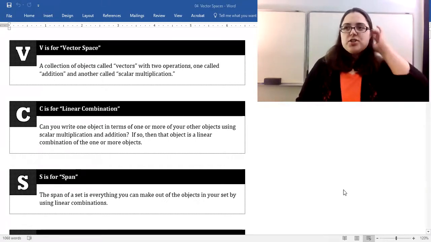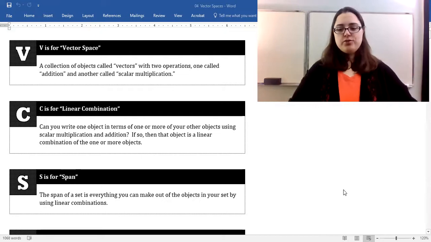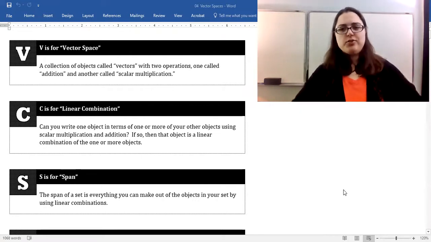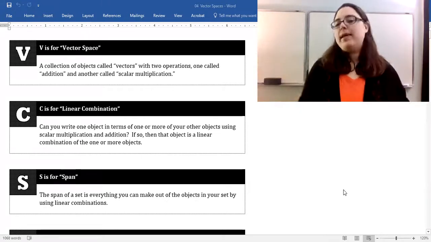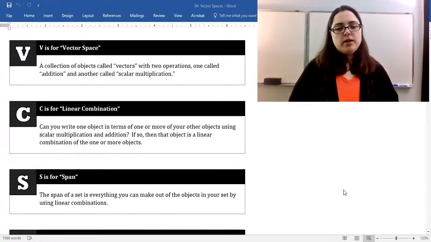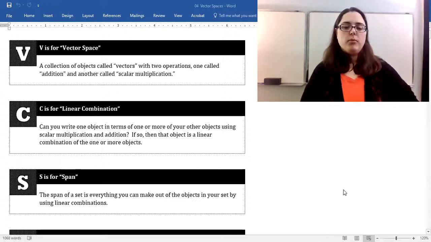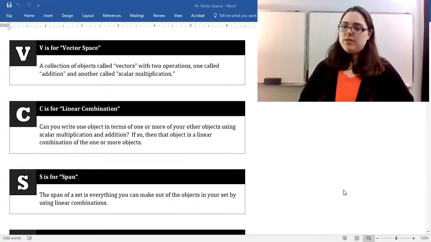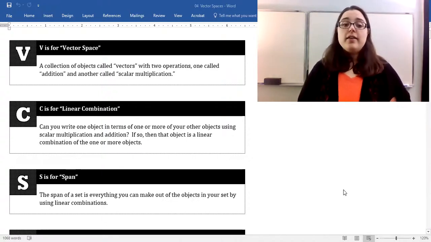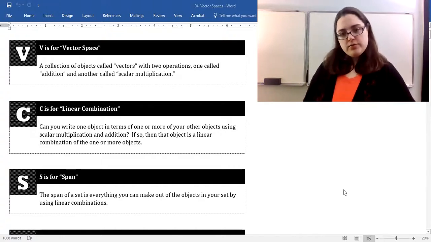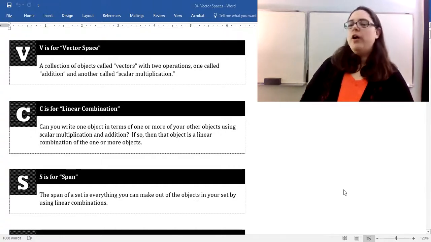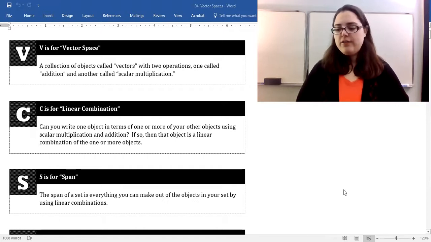A linear combination is basically, if I give you 1 vector or 2 vectors or more, what can you make out of them? So in this case, can you write one object in terms of one or more of your other objects using your operations? If you can, then that object is a linear combination of those others. So for example, suppose I have Lego bricks, right?